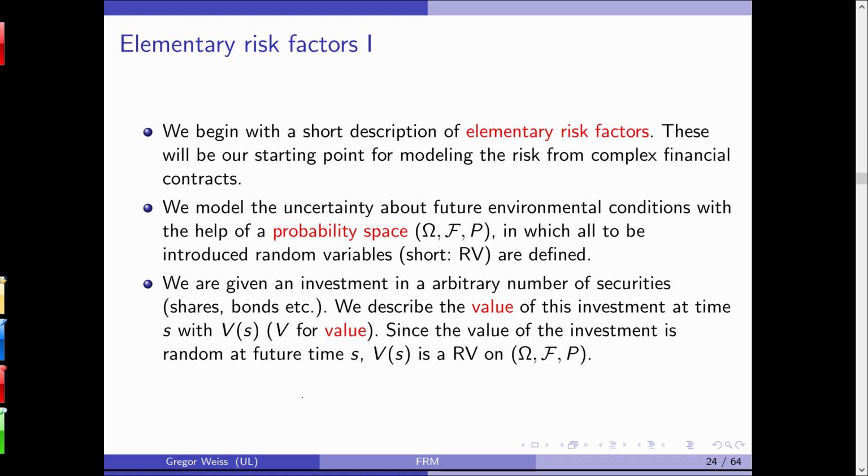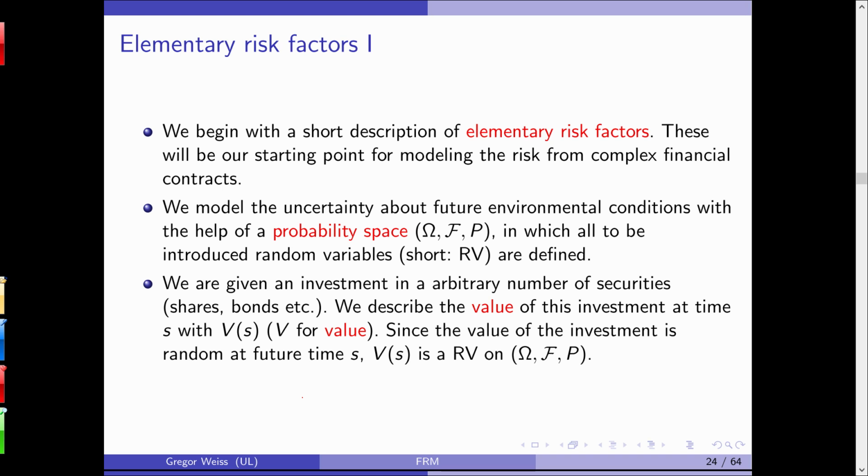Because all random variables are always defined on what we call a probability space. A probability space means that you have... actually, it's defined on the next slide. We'll talk about this later on. But you know random variables. And a random variable, for example, first of all, we need to use a random variable for the value of an investment. We have, for example, an investment in a stock or a bond.